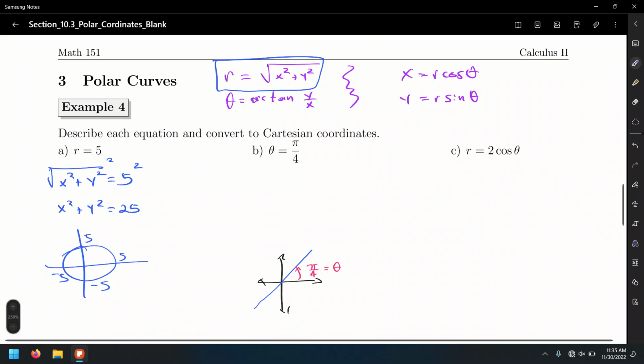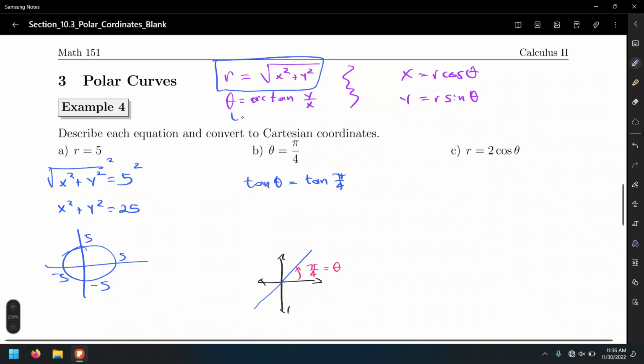So here's what we're going to do. I'm going to take tangent on both sides. Tangent theta equals tangent of pi over 4. So what's tangent in this case? I'm going to use the formula I had over here, the one that says theta equals arctangent of y over x, and take tangent on both sides, or essentially solve for y over x.